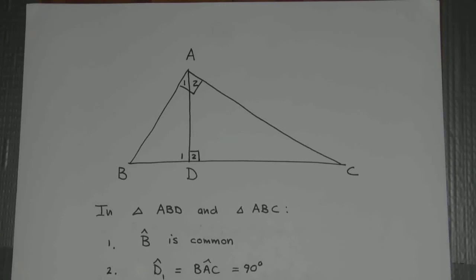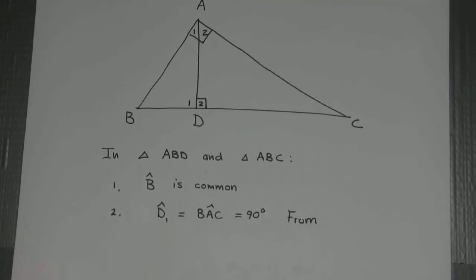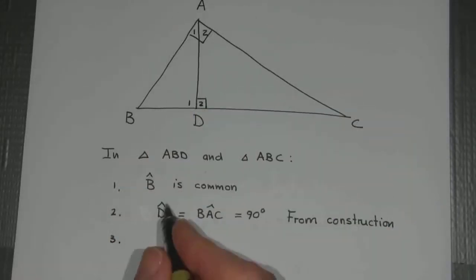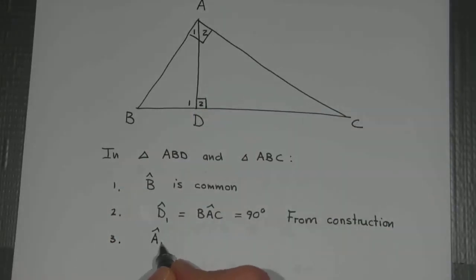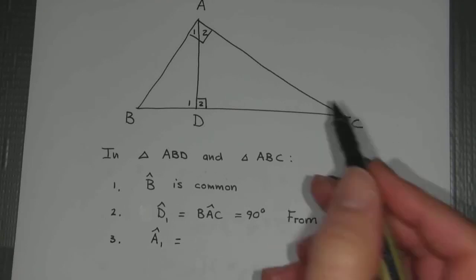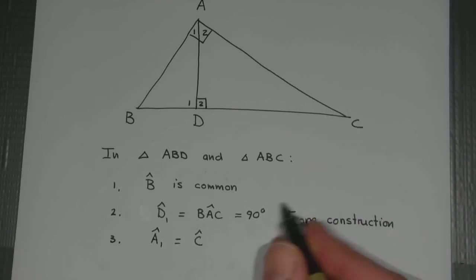Got it? Because I constructed that height down. So that's from my construction. And then lastly, we have angle A1 up top there, which will be equal to angle C. And that's just sum of angles of a triangle.